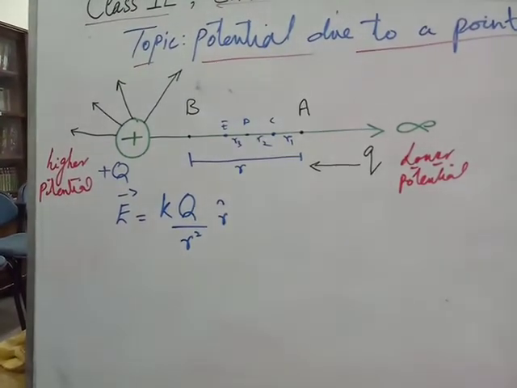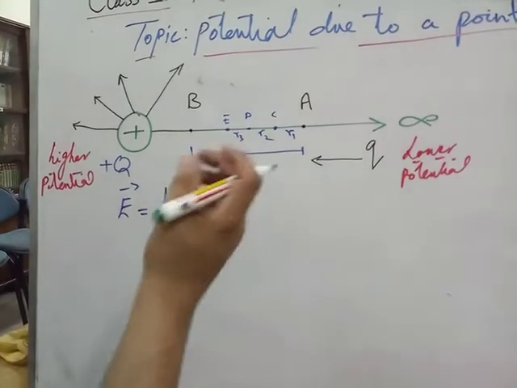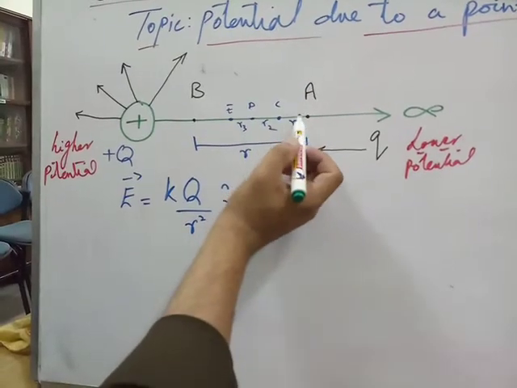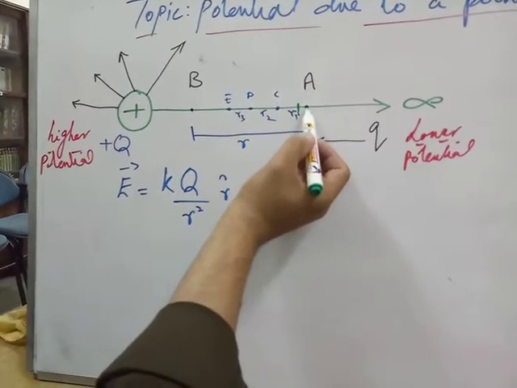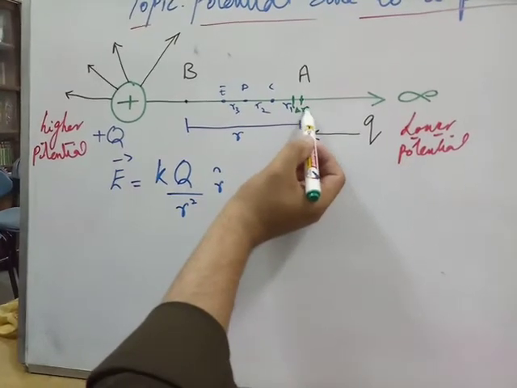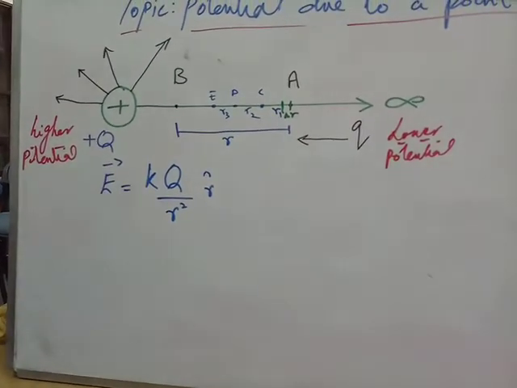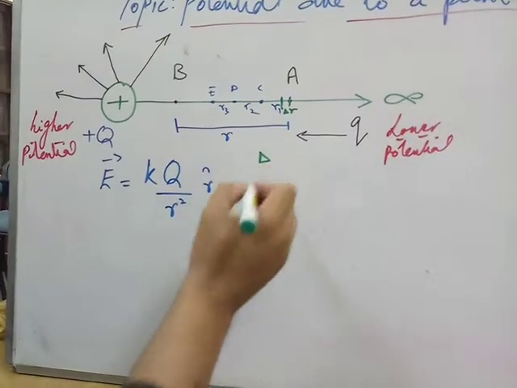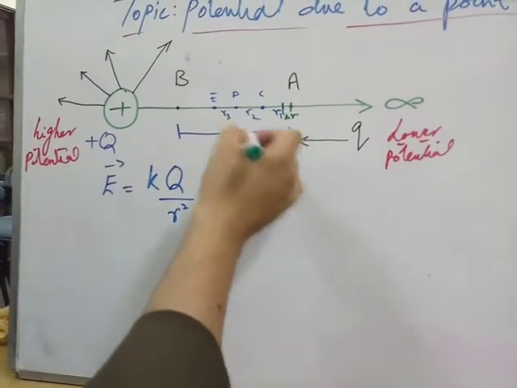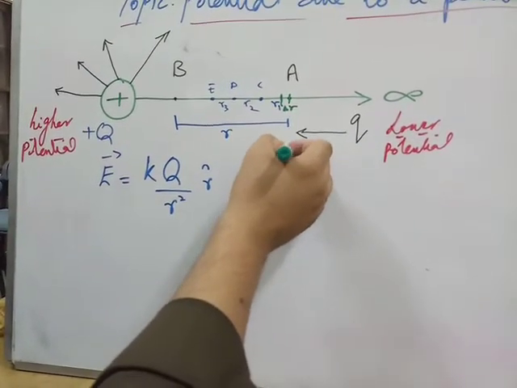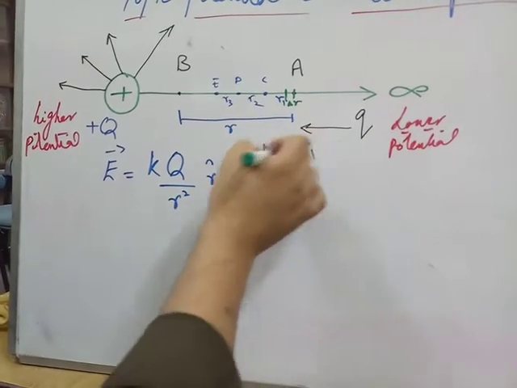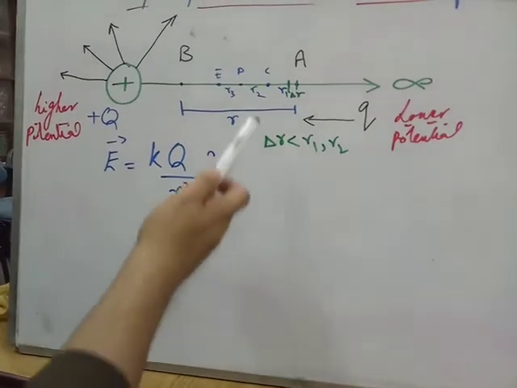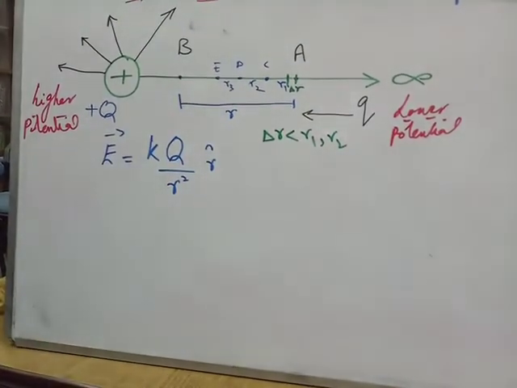The distance between any points, r1, we can replace by delta r, which is very small compared to r1, r2 and r3; R is greater than r1, r2 and r3.